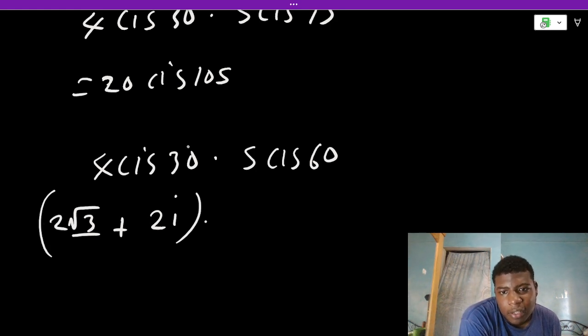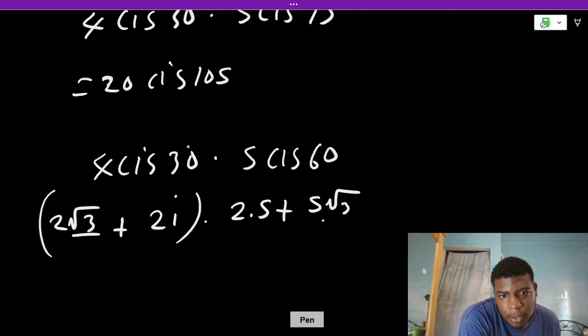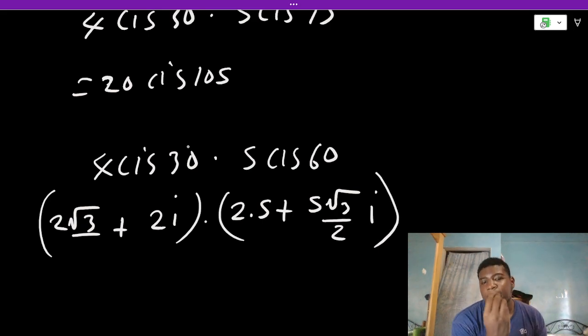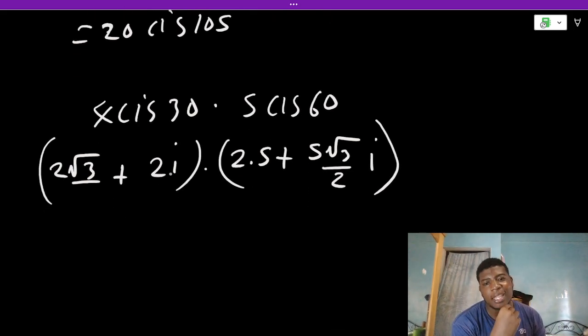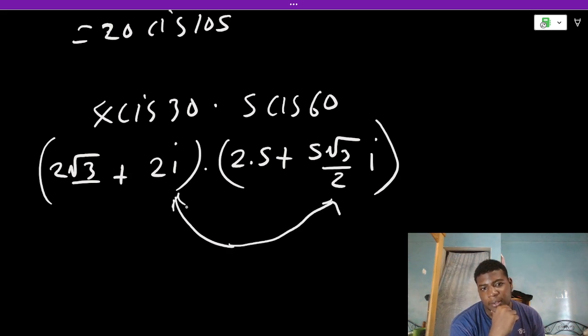And then this one will just be 5 cos 30, which is a half, so that'll be 2.5 plus 5 sin 30, so that'll be 5 root 3 on 2 i. If you have to multiply this, given that you have to keep these i terms separate, then you'll have to use your distributive law and expand this to get an answer.